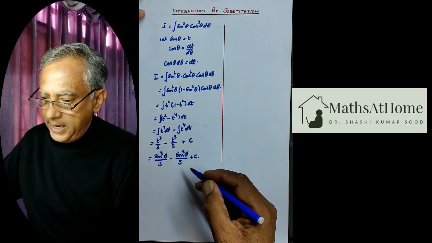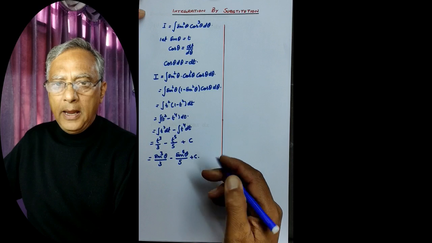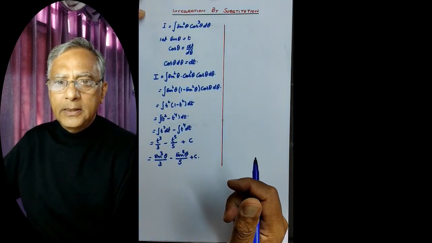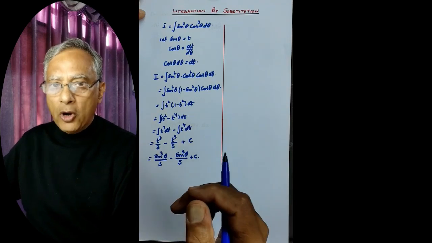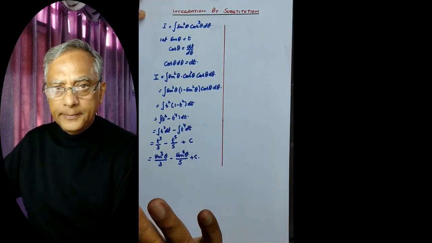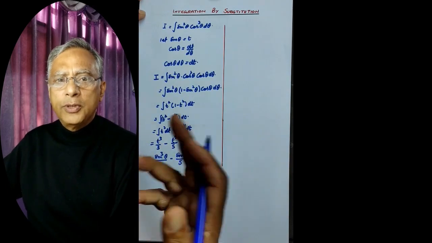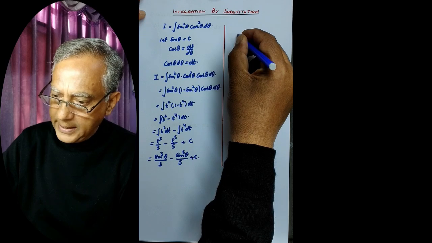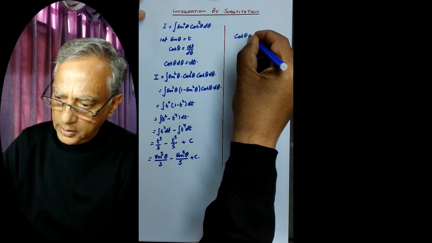Now I make another substitution and explain why this substitution is not working. It is very important. This is working, but there can be substitutions which will not work. For example, in this question we can try cos theta equal to t.